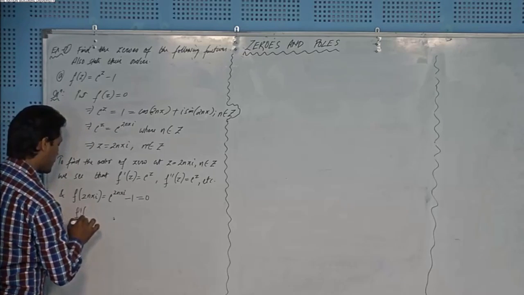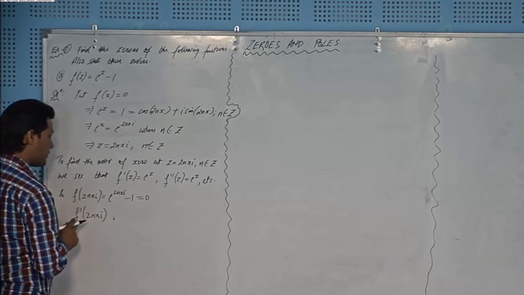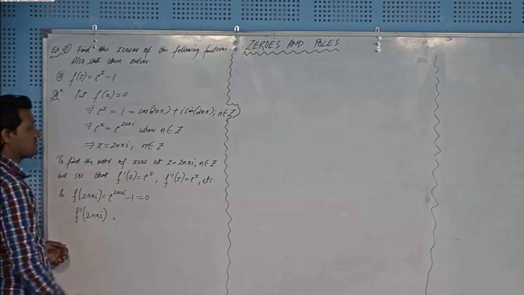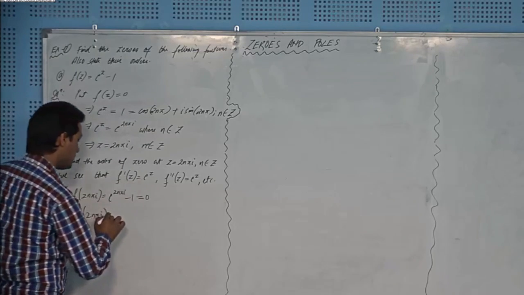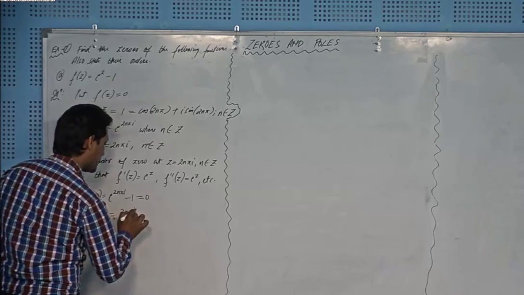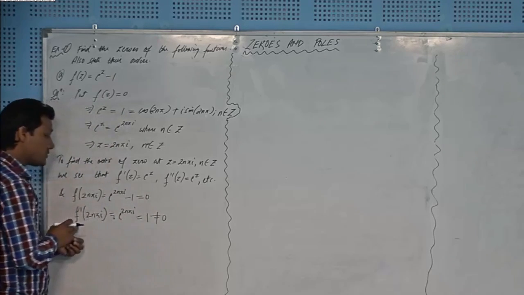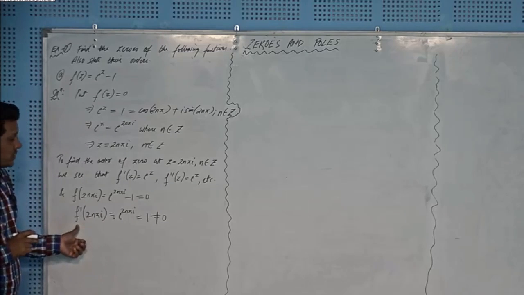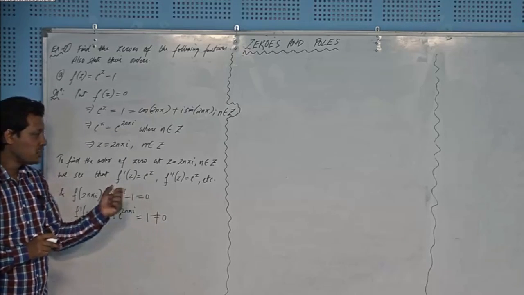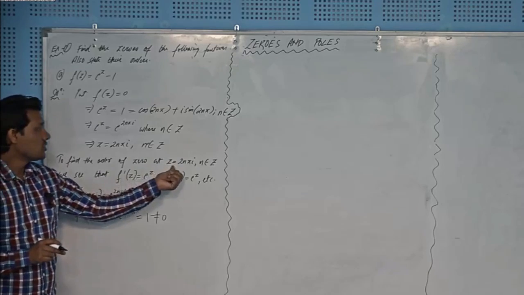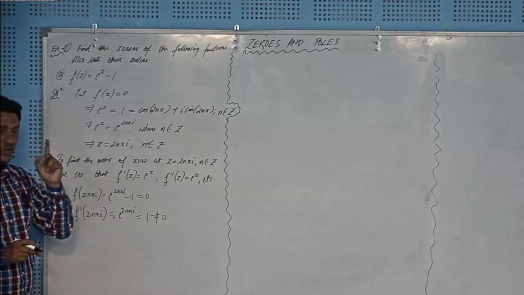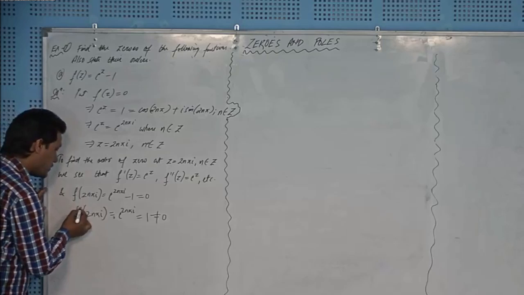What if I put this zero in my derivative, f dash of 2n pi iota? Then it will become e to the power 2n pi iota, which is 1, and that is obviously not equal to 0. So this is the first derivative which is not equal to 0. It means that z equal to 2n pi iota is a zero of order 1. Why 1? Because it is the first derivative.